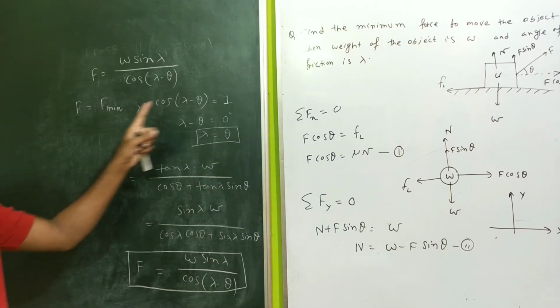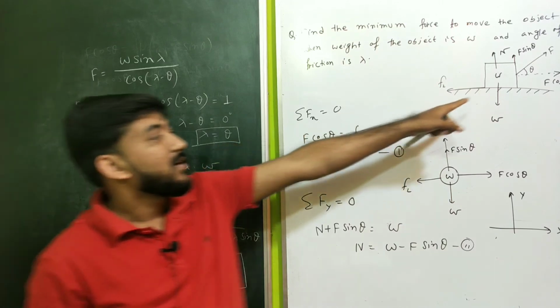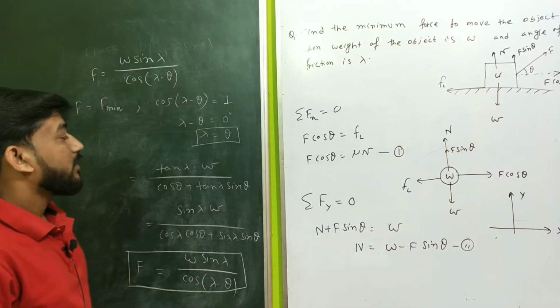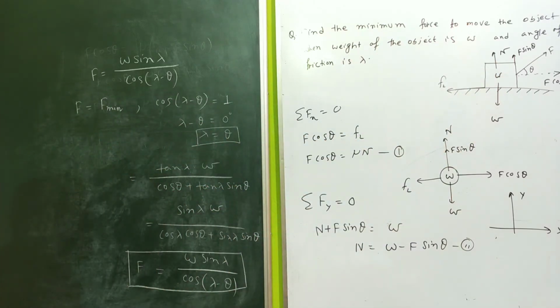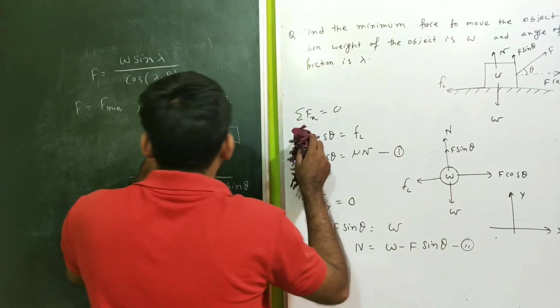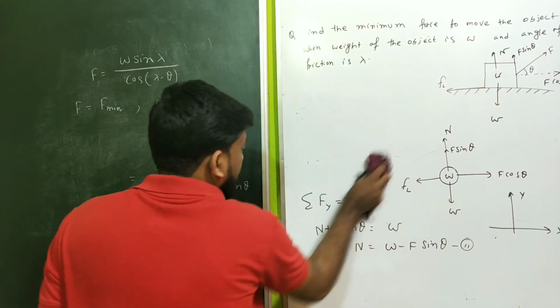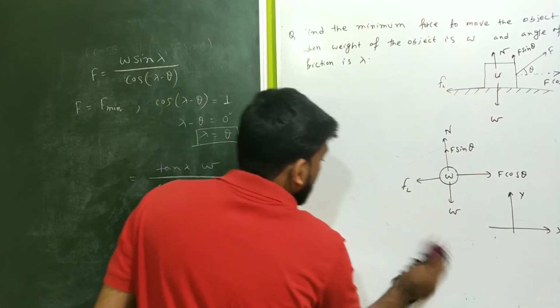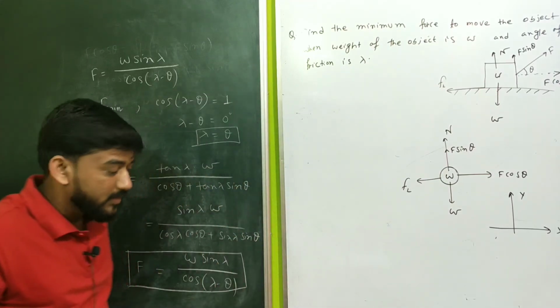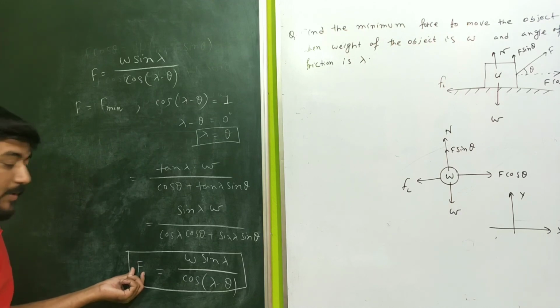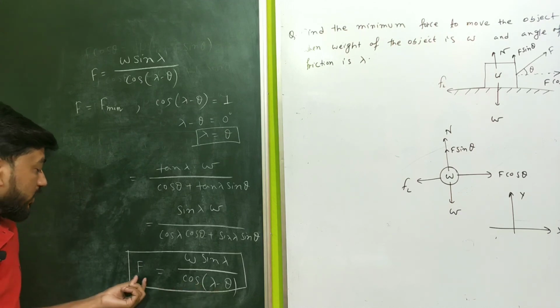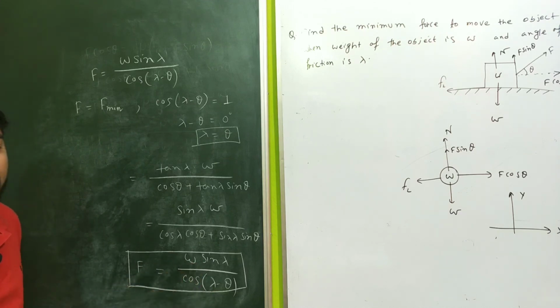So for the force to be minimum, as I have said earlier, lambda should be equal to theta. This is the condition for minimum. And now if you want to find the exact minimum value of F, F will be minimum when cos of lambda minus theta is 1. So F minimum will be just W sin lambda.